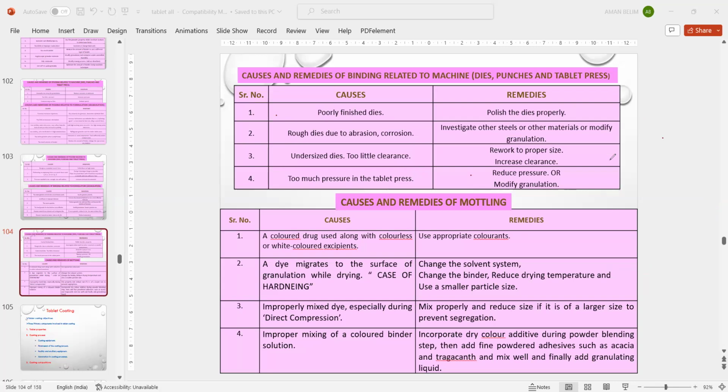Whatever I am discussing about tablets till now is very important, because from every lecture, including this lecture on tablets, lots of MCQs have already come, and they will come for many years. These are very important concepts for you to understand.